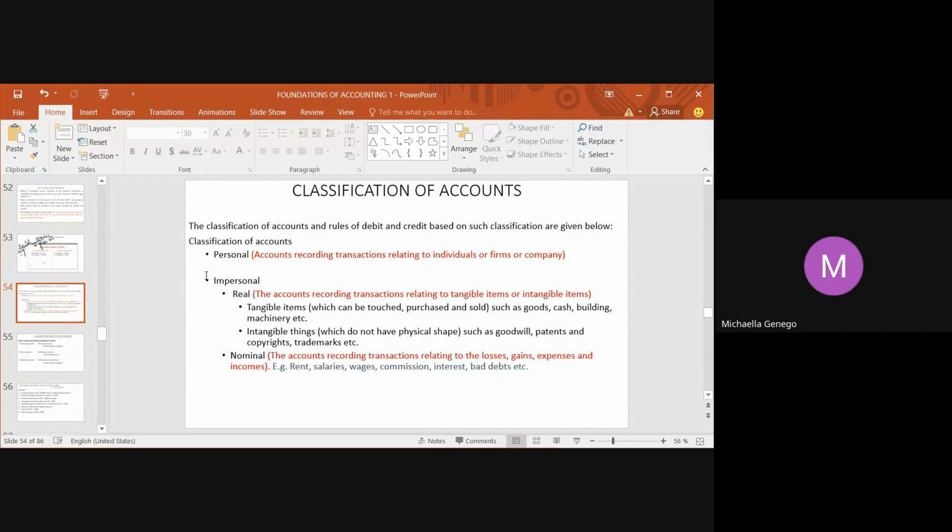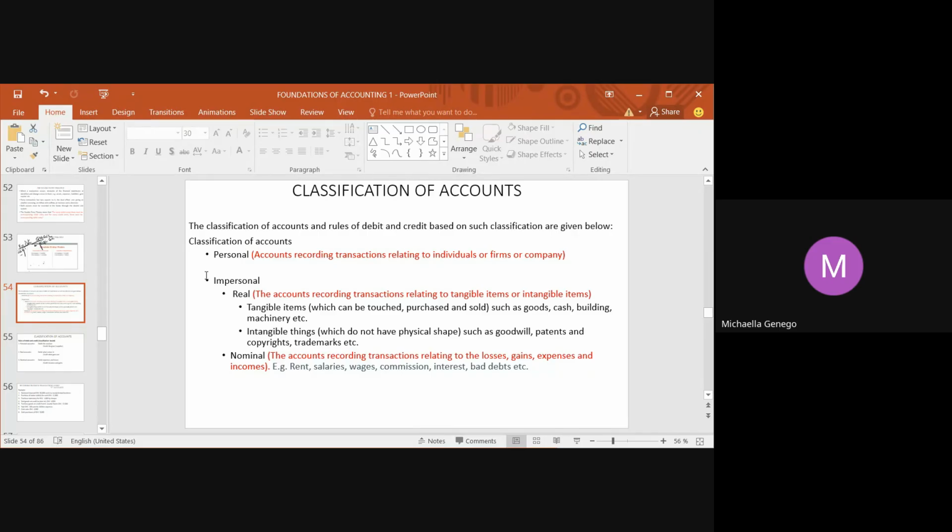So you could write trade receivables account, and then put into brackets maybe Michaela. Or you could write trade payables, those you are owing, and then put into brackets maybe this business. I'm owing this business, so you put that into brackets.